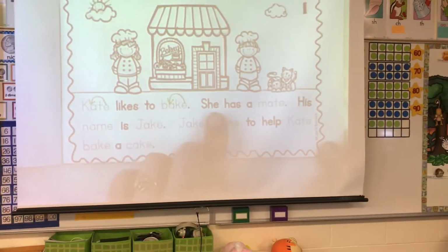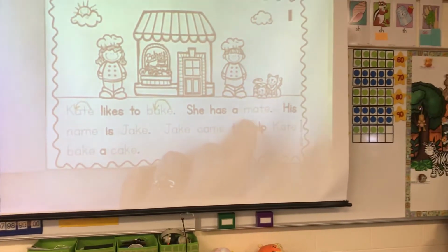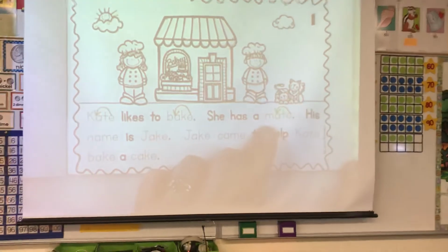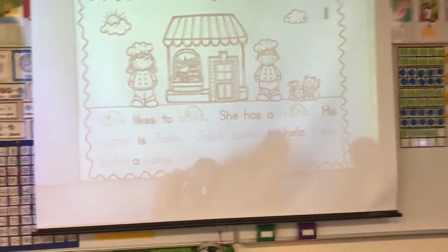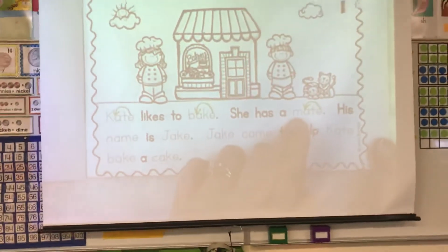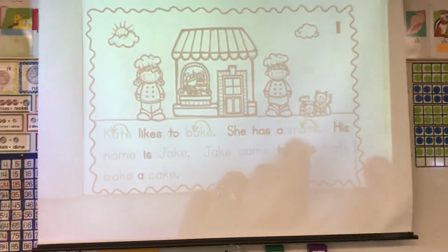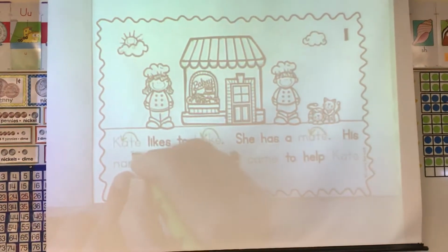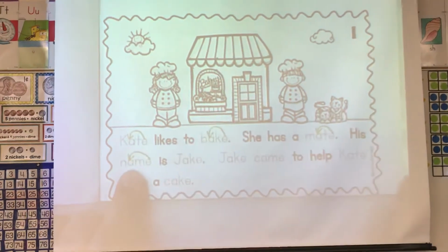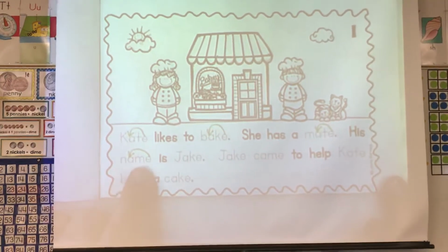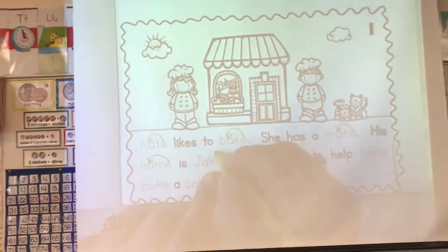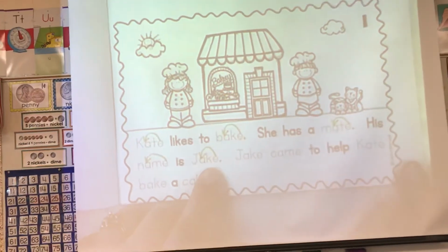She has a... Draw an arrow. Sorry, I think I said line before. I mean arrow. She has a mate. His... Draw an arrow from the E to the A. Name. Name is... Draw an arrow from the E to the A.